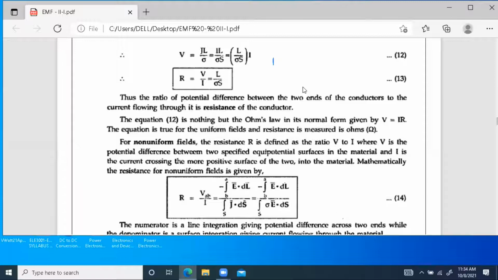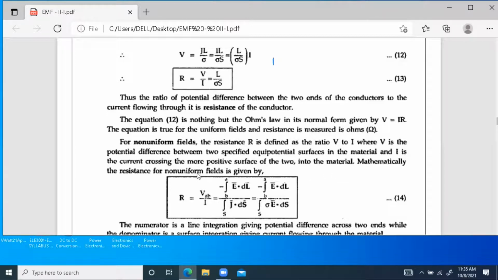So, let us look at it a little bit more. For non-uniform fields, the resistance R is defined as the ratio of V to I, where V is the potential difference between these two specified equipotential surfaces in the material, and I is the current crossing the more positive surface of the two into the material.